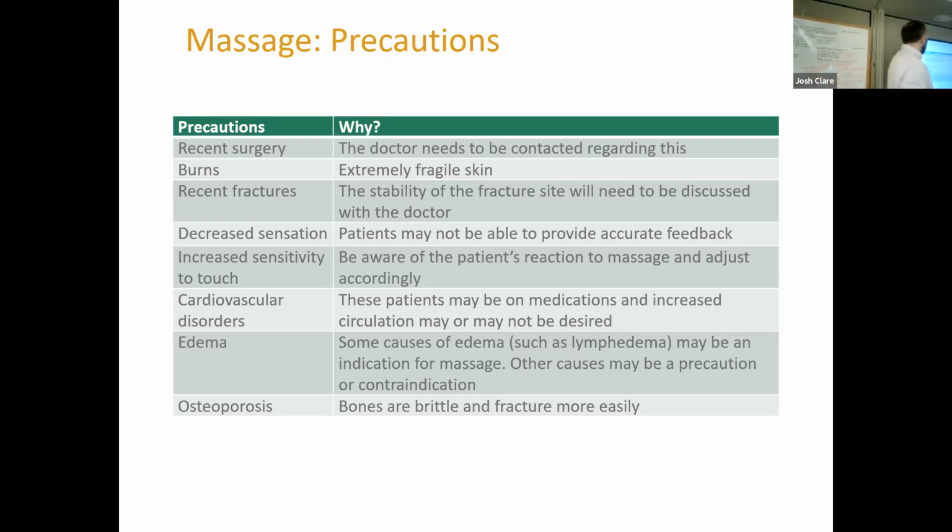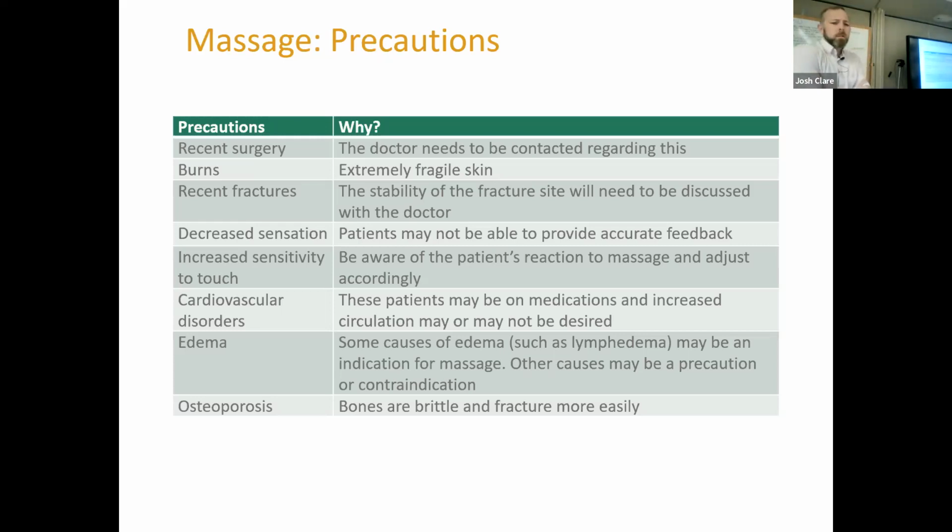So again, that's a precaution. Precaution means what? Stop and think about it, right? Do you really need to do this? For some people, that increased sensitivity to touch would be really good for some of these techniques, but we have to be aware of our patient and get them on board with the treatment plan.